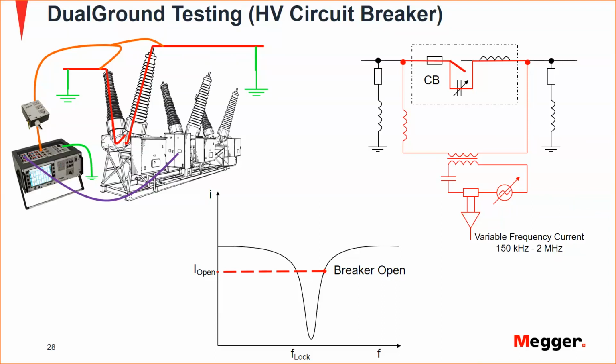This method has been developed by Megger since, I believe, 2005. So it's been in the making a long time and has withstood the test of time. It's a very valid method of doing dual ground testing, which could be very important for GIS systems.